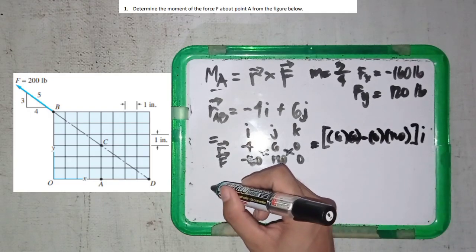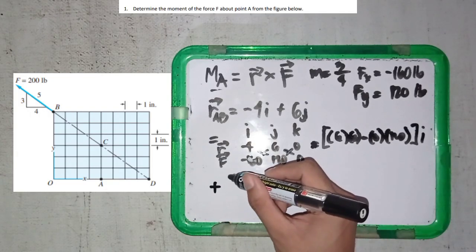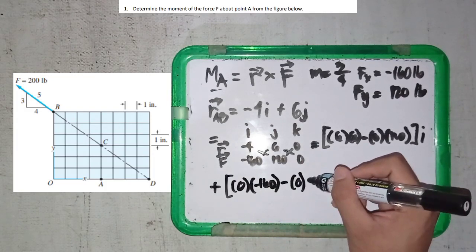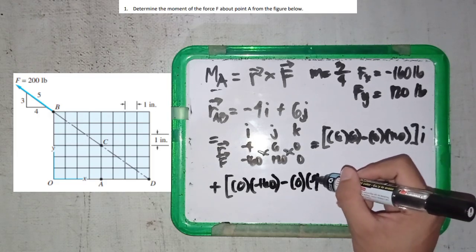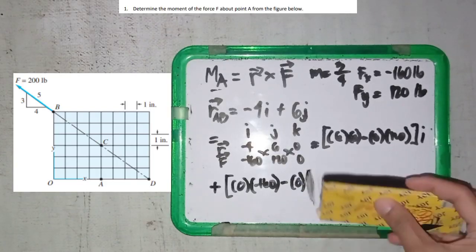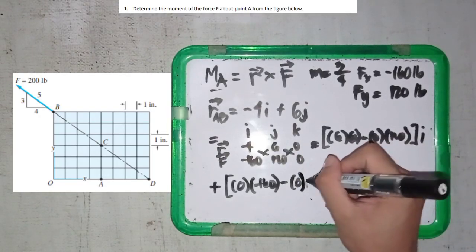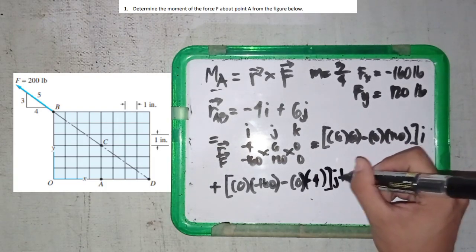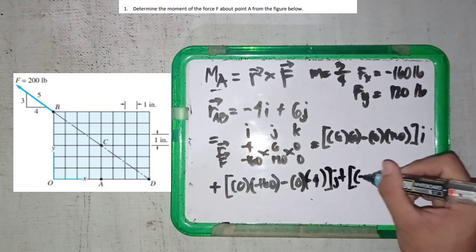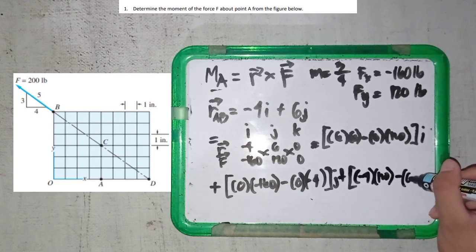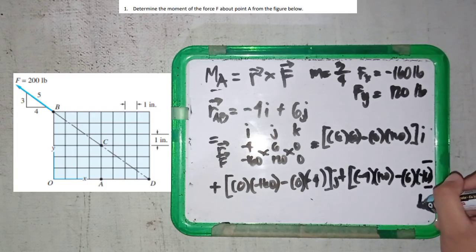Continuing here, we have quantity 0 times negative 160 minus 0 times negative 4, negative 4 for the j hat, plus quantity negative 4 times 120 minus 6 times negative 160 for the k hat.